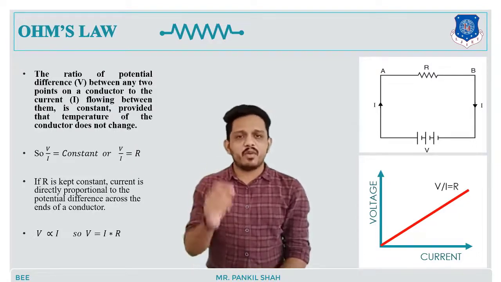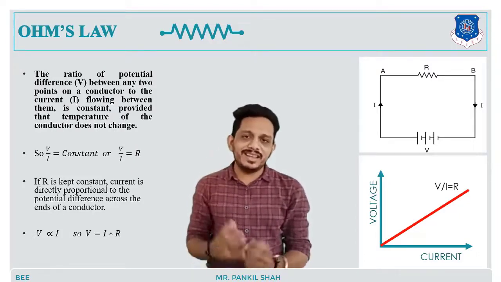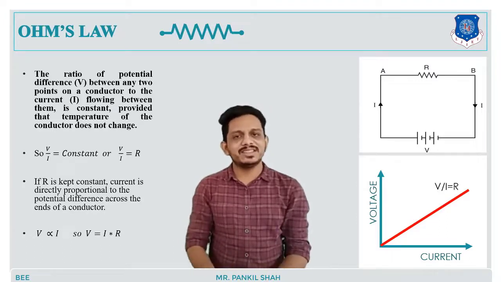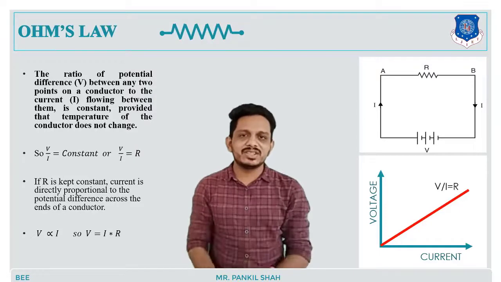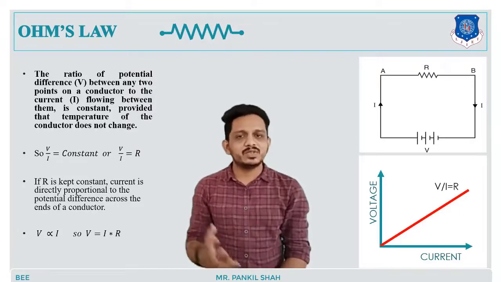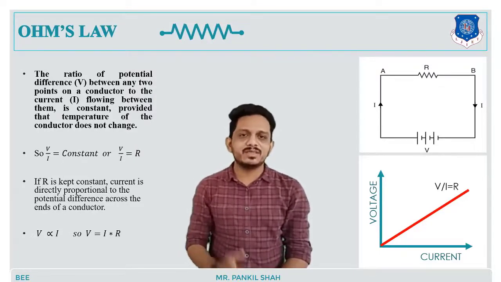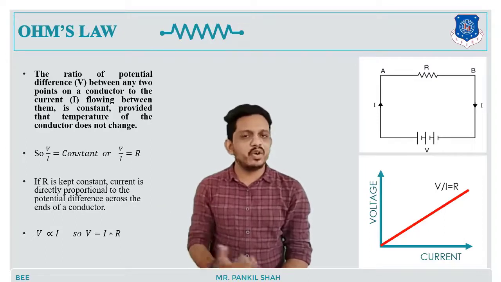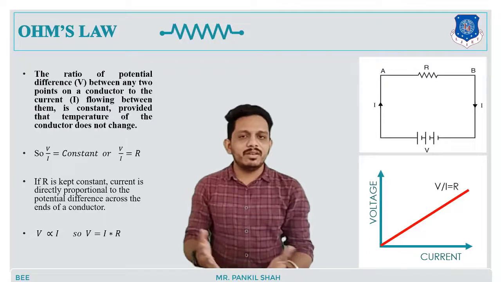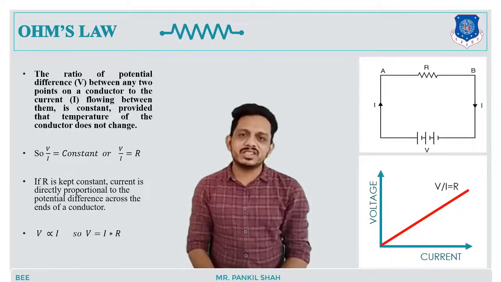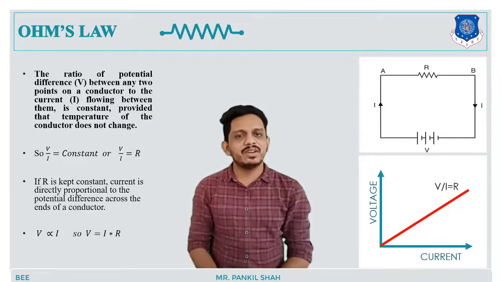The slope of this linear line is the resistance R. So Ohm's law can be defined as voltage being directly proportional to current, or the ratio of voltage to current is always constant, and that constant is the resistance of your circuit or conductor.